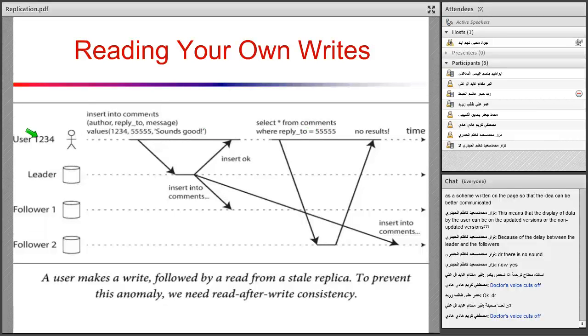This is the select query, the read query, and we know that the read query can be sent to any follower.